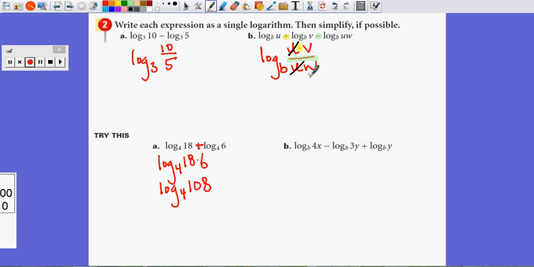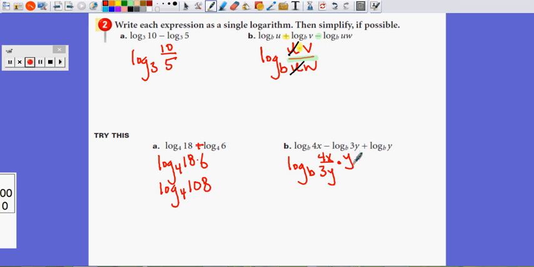All right, let's go ahead and do this bottom right example over here. I'm going to have log base b. Anywhere you see minus, you think division: 4x over 3y. Anywhere you see plus, you think times.